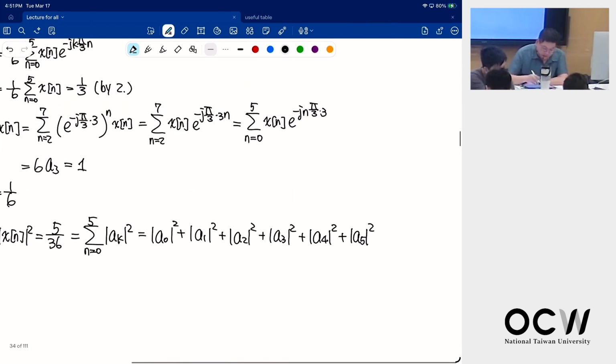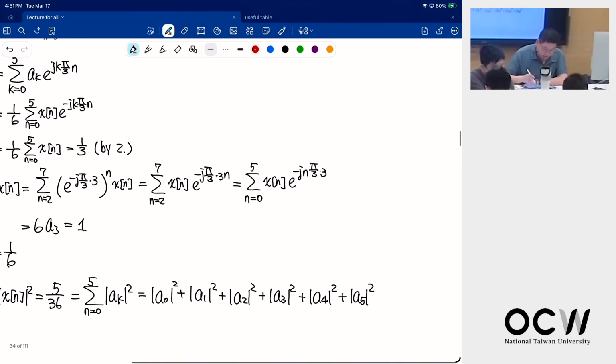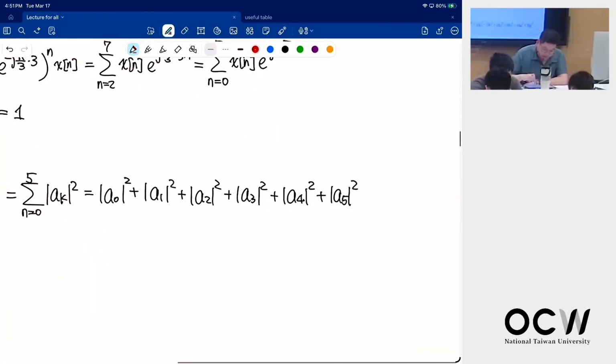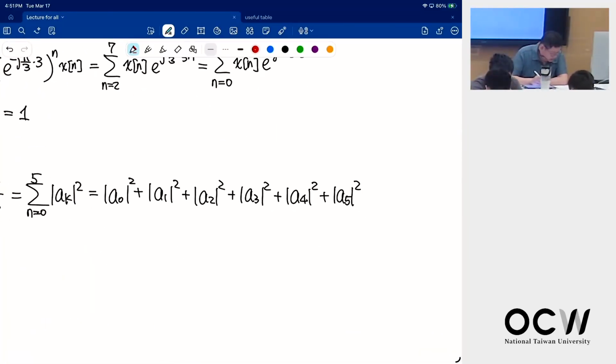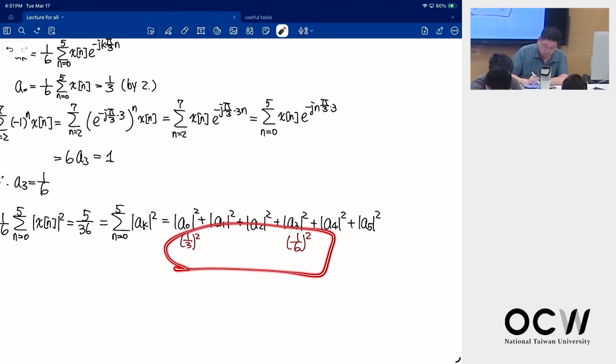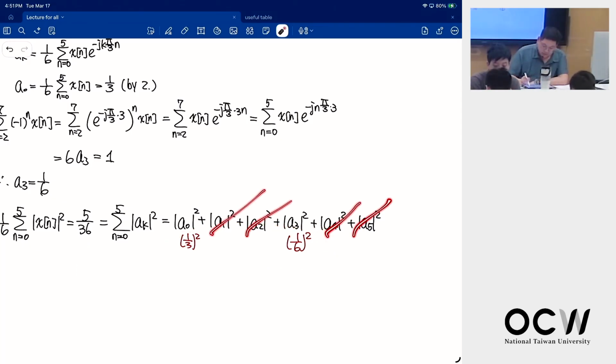We know A naught. Where's A naught? Oh, here. A naught is 1/3, so this is 1/3 squared. And A3, we found that it is 1/6 squared. So overall, if we add these two, it is already 5/36, which means those are all zeros. I only have A naught and A3.